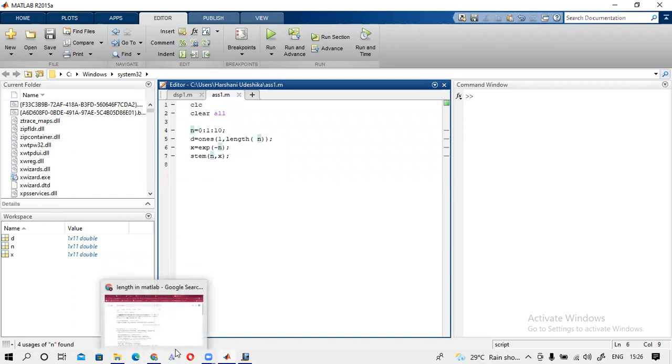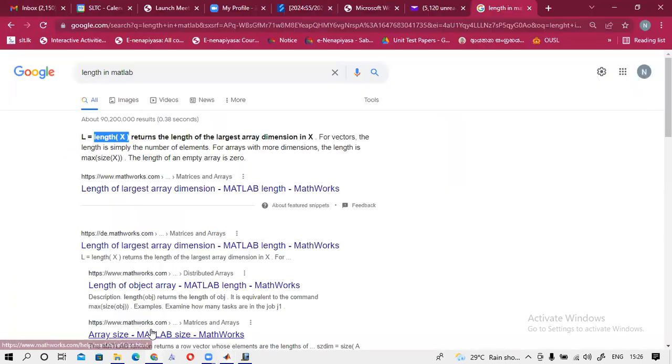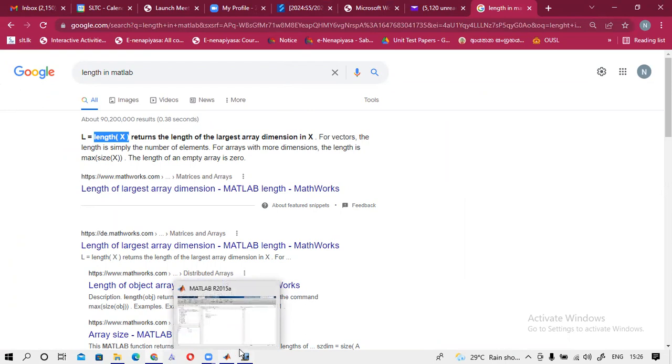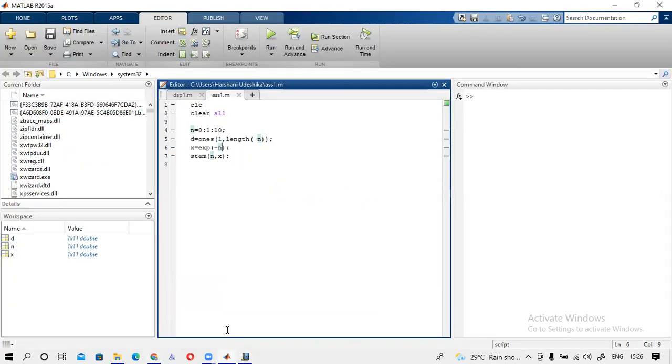Maybe minor issues can be there because I didn't prepare this morning. Around 12 o'clock, Dr. Udesh asked me to do the Matlab session, so I couldn't do any preparation. Maybe some minor errors can happen, but generally it is okay.